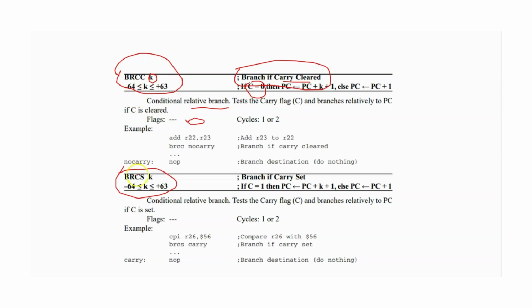Same is the case with BRCS, but the difference is that now the branching or jumping will take place if the carry flag bit is set. So jumping depends on again the same bit, but if the carry flag is 1, it will jump to some other label which is put over here. This is the name of the label, like here it was the label name.